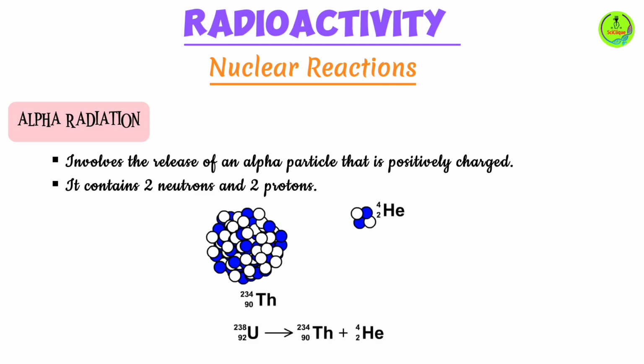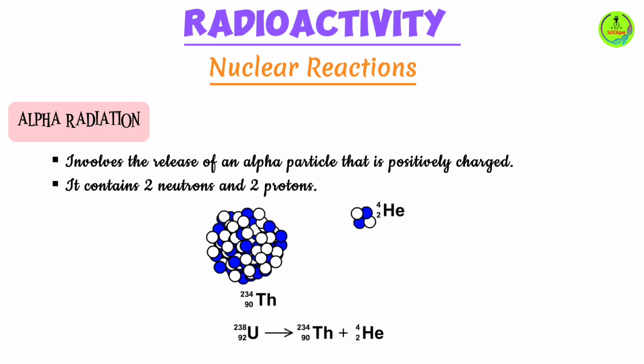So how many protons will thorium have? 92 minus 2, giving us 90. What about the mass number? The mass number is going to decrease by 4 because uranium loses two neutrons and two protons. So we are going to have a mass number of 234, and this gives us thorium.